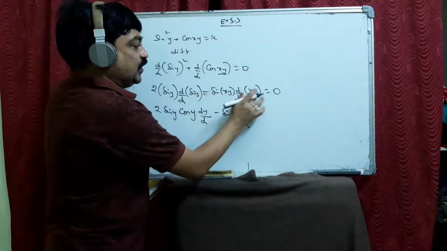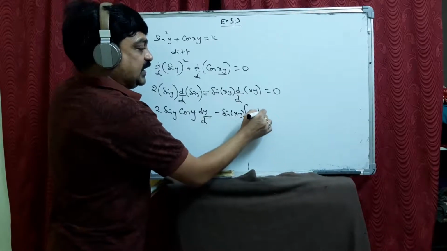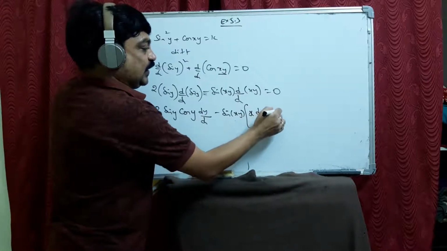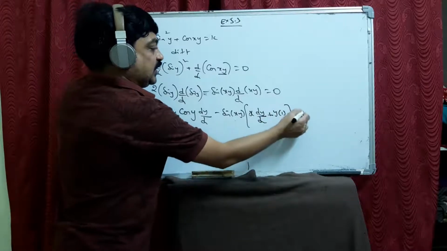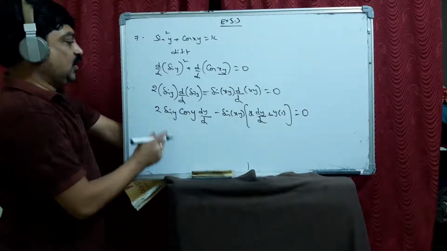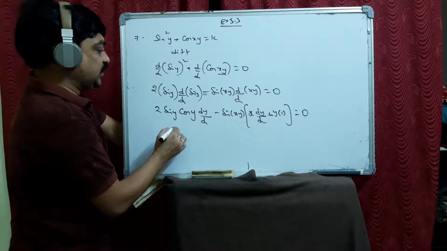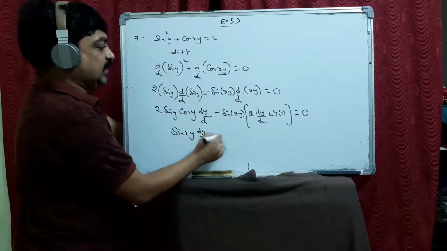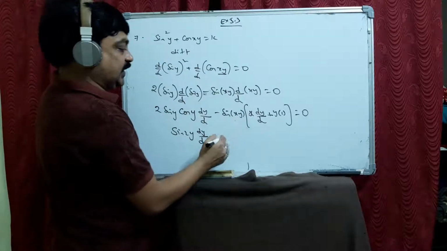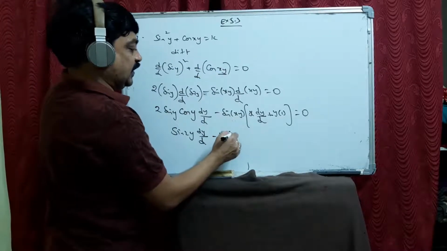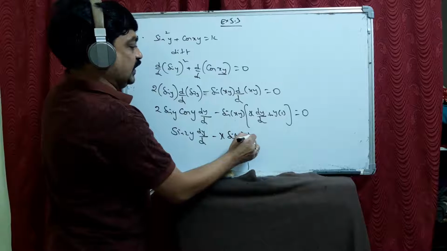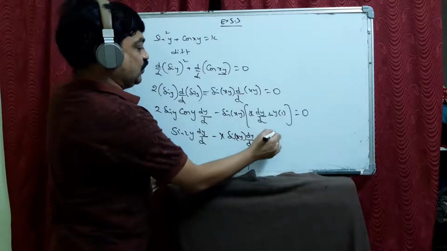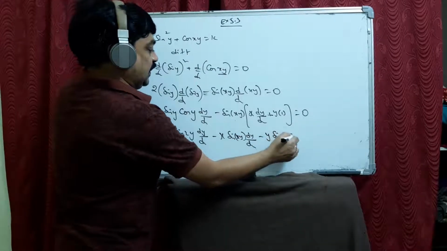Now it becomes the uv rule here. x dy by dx plus y into 1 is equal to 0. Now 2 sin y cos y becomes sin 2y. sin 2y dy by dx minus, let us split this, it becomes x sin xy dy by dx minus y sin xy is equal to 0.